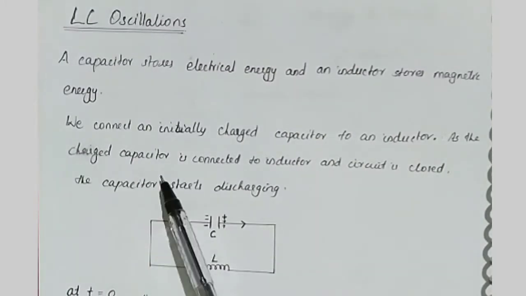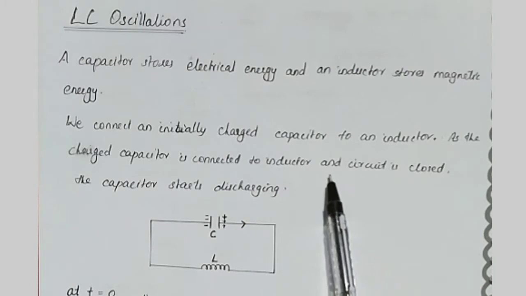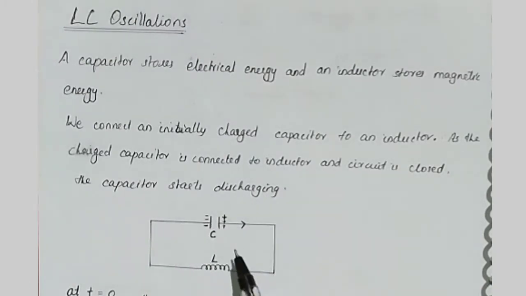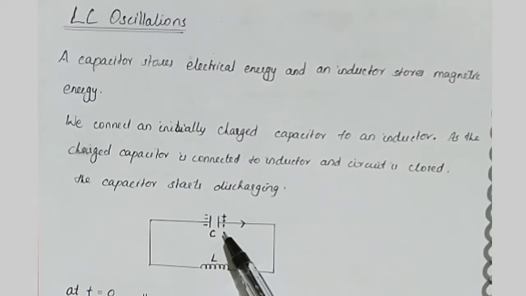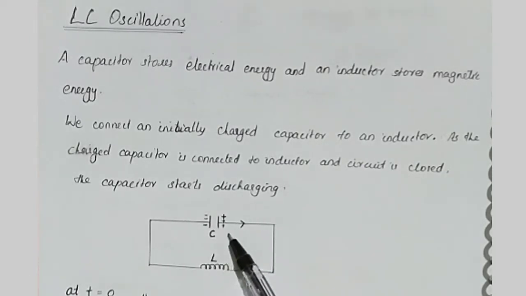As the charged capacitor is connected to the inductor, we obtain a closed circuit. As you can see in the diagram, we have a capacitor which is initially charged and connected to an inductor.